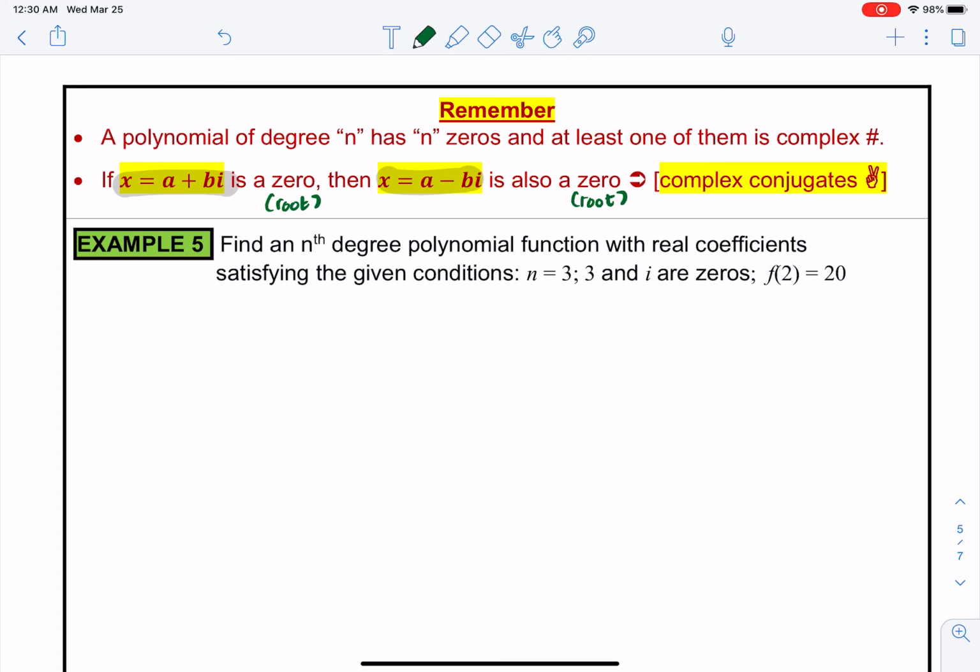Do not forget that. So here we have an nth degree polynomial with real coefficients, and the degree is 3. They have told us that 3 and i are zeros, and f of 2 is 20.